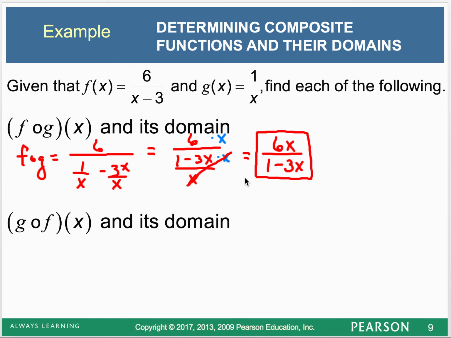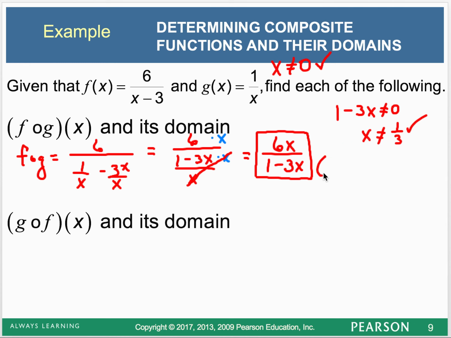Now I need my domain. So I need to go back and find the domain of g. And the domain of g is, oh, x cannot be 0. My domain here is that 1 minus 3x cannot be 0. So that means x cannot be, what would that give me, 1/3? All right, so it's this one and this one.